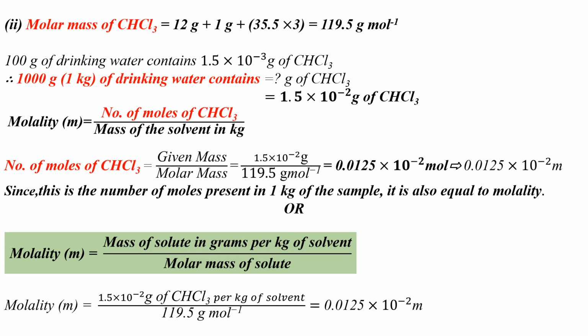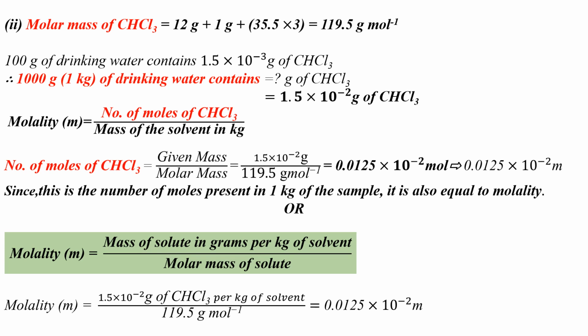We substitute 1.5 into 10 power minus 2 grams as the mass of chloroform in the formula, which is number of moles of chloroform is equal to given mass of chloroform by molar mass of chloroform. We substitute the molar mass of chloroform. On solving this, we get 0.0125 into 10 power minus 2 moles. Since this is the number of moles present in 1 kilogram of the sample, it is also equal to molality.